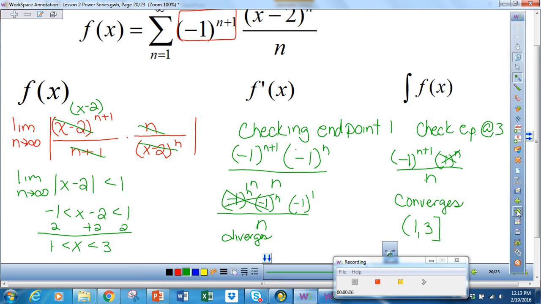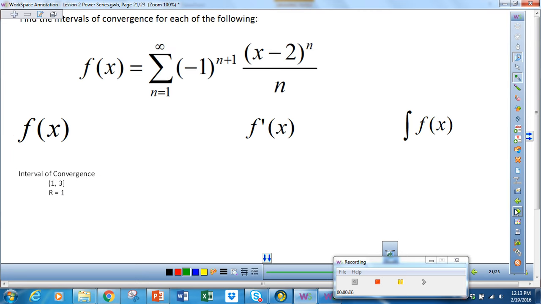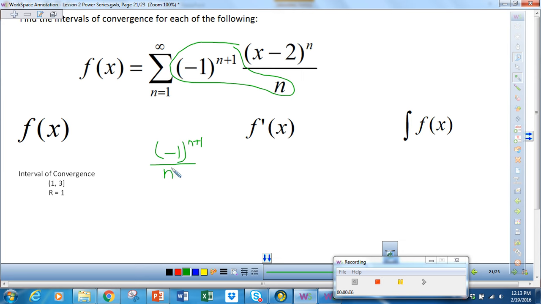Okay? So now let's find the derivative. Once again, when we're looking for the derivative, we treat all of this as if it's a constant. So all of that just comes out, negative 1 to the n plus 1 over n. And I differentiate this part.